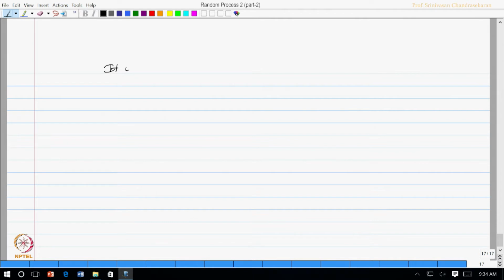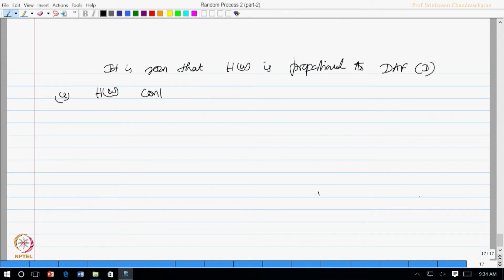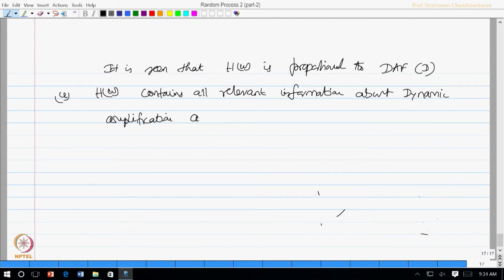It is seen that H omega is proportional to the dynamic amplification factor D, that is, H omega contains all relevant information about the dynamic amplification and phase shift.